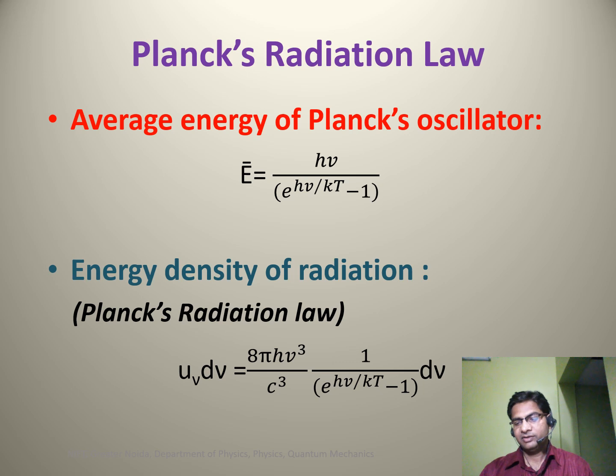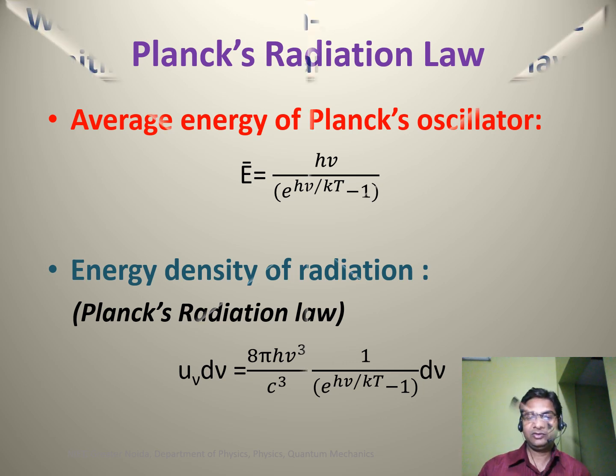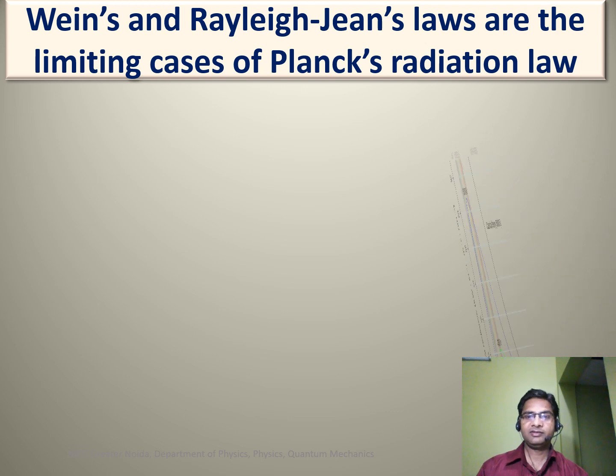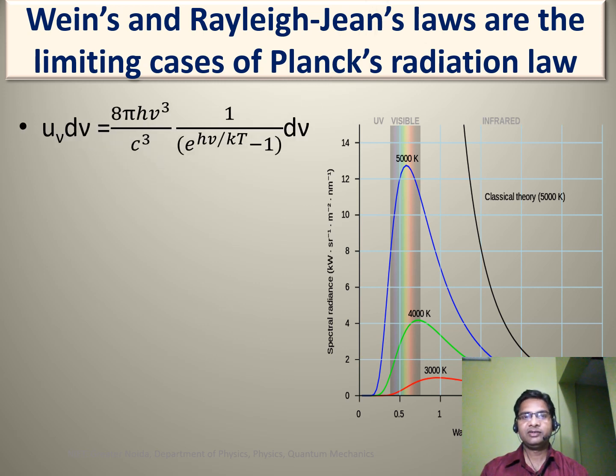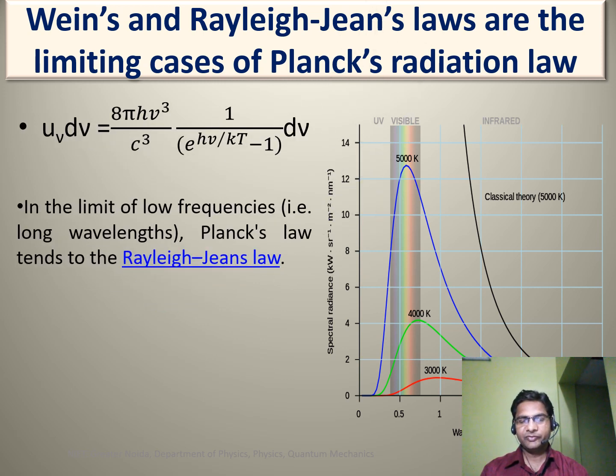So let us see how Planck's radiation law explains the blackbody radiation spectrum and how Wien's and Rayleigh-Jeans laws are part of it. Here this is Planck's radiation law, and in the slide we are seeing that Rayleigh-Jeans law explains the right part of the peak, the right region of the maximum intensity.